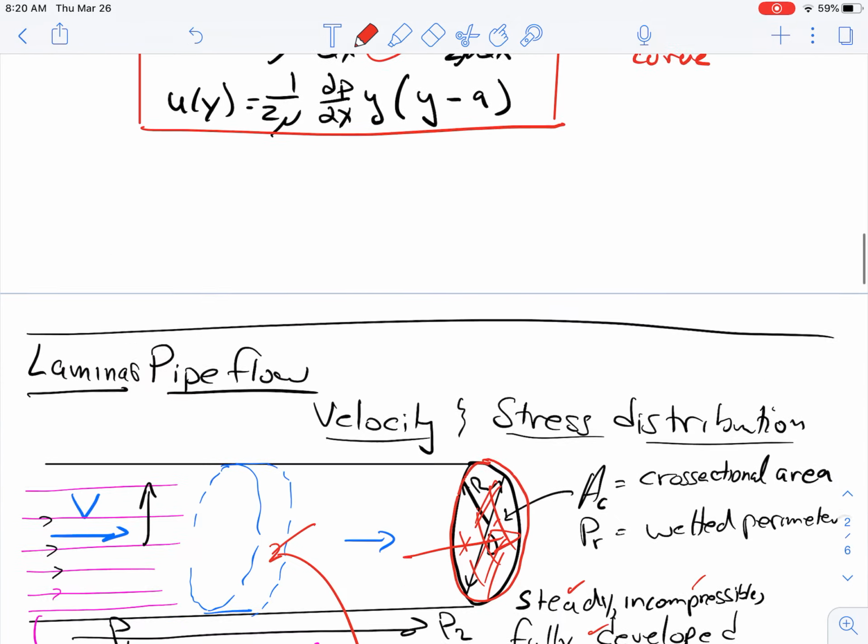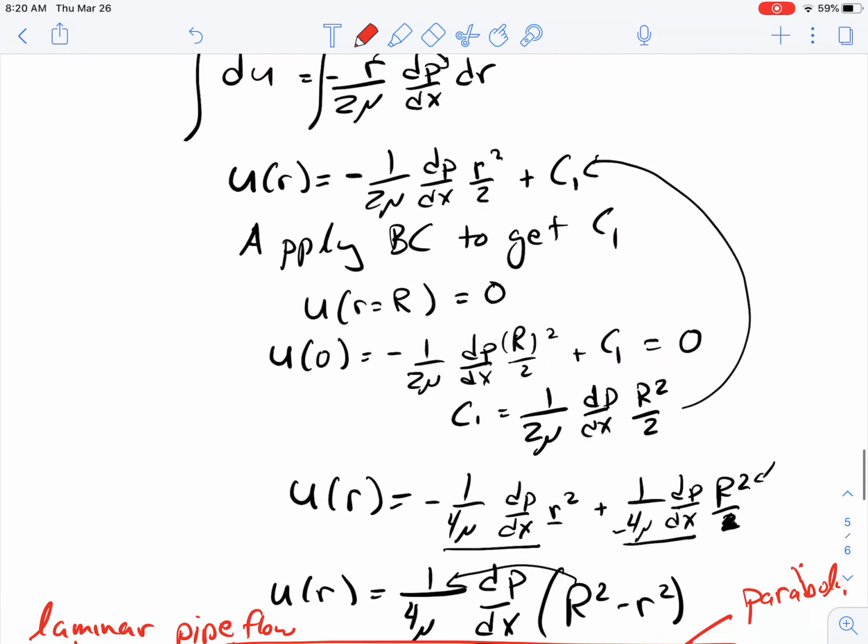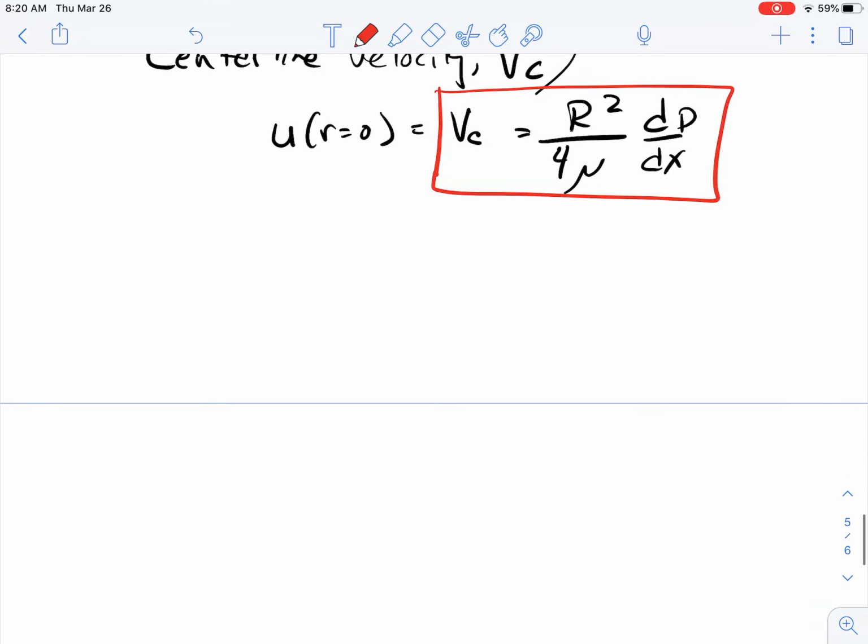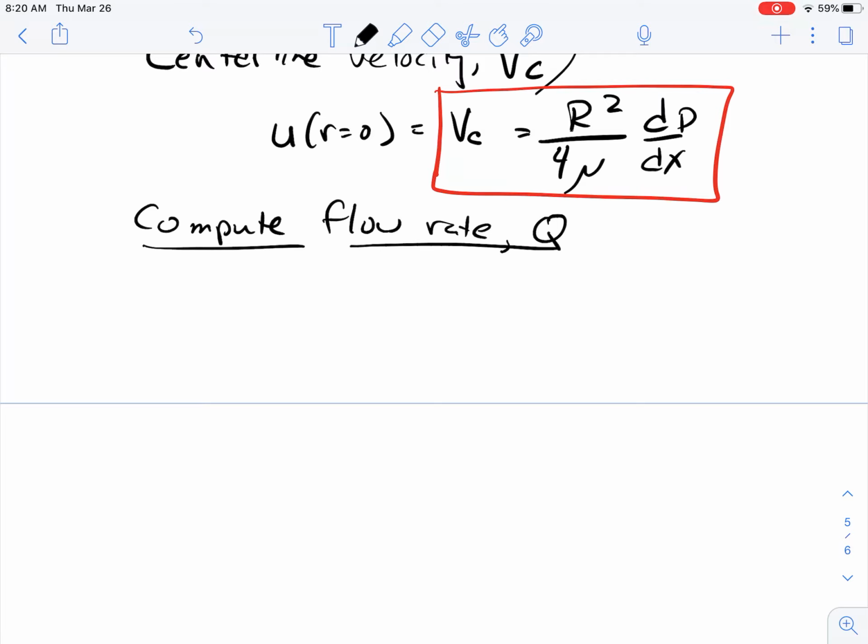And another important quantity that I would like you to be able to calculate is the flow rate. So let's compute the flow rate through the pipe. I'll call that Q. Our flow rate is going to be the integral of that velocity over the area.